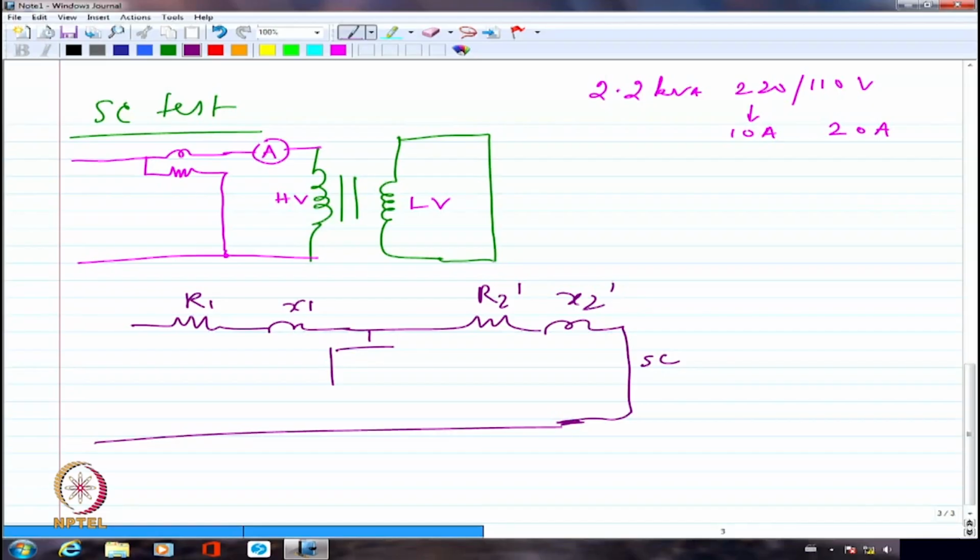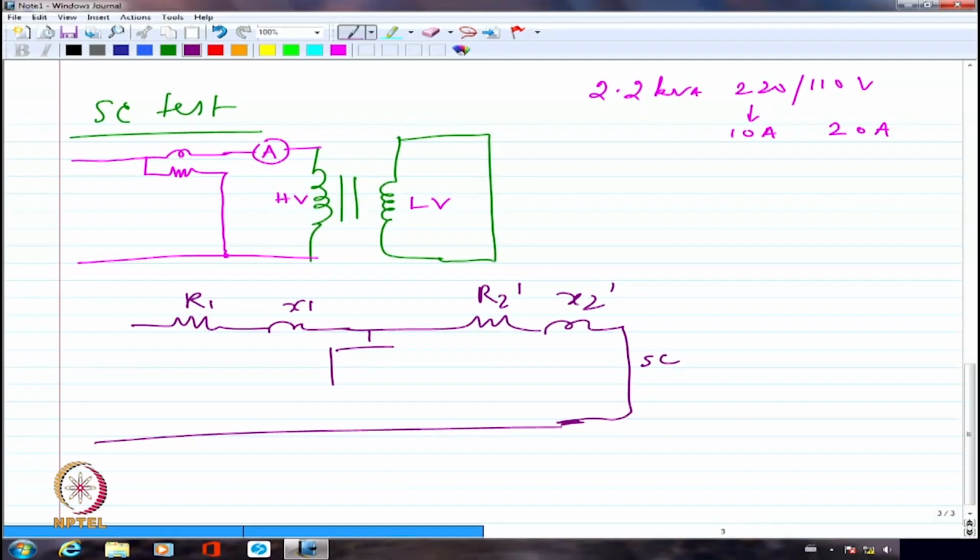And if you look at R1 plus R2 dash, I told you that they will be very, very small because I'm not going to really let a huge amount of voltage drop within the transformer. I want to design the transformer well so that it doesn't eat away all the voltage that I am applying. Right? So R1 plus R2 dash is also going to be small and there is hardly any leakage because there is not much of air gap.